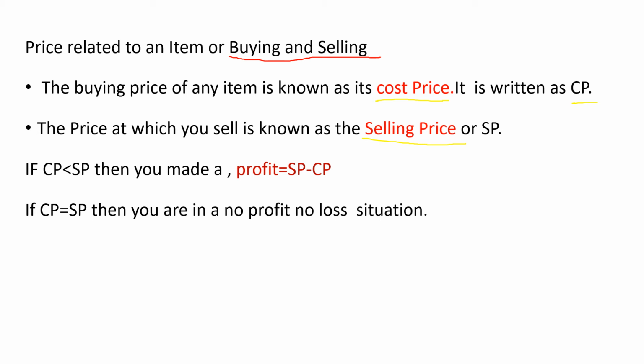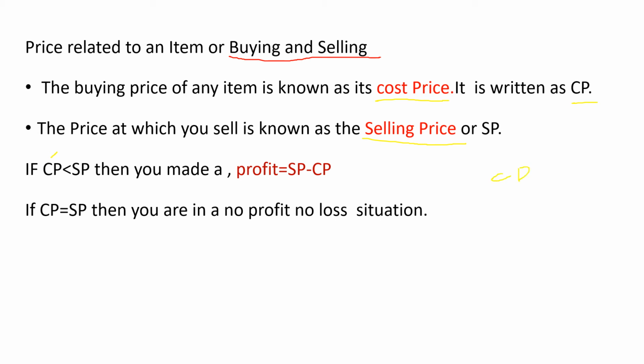Yes. So, the next one is if CP is greater than SP. What is CP? Short form of cost price. SP means short form of selling price. So, you bought an item at your cost price.